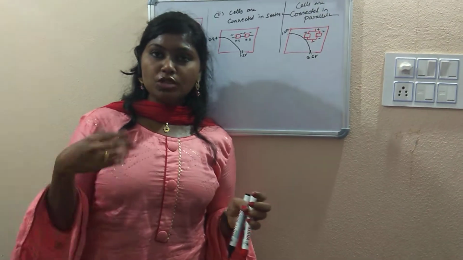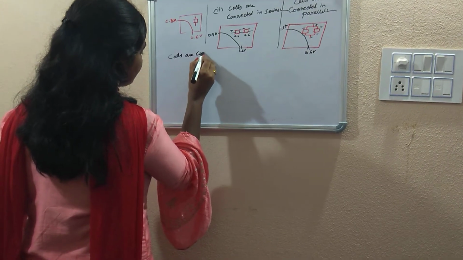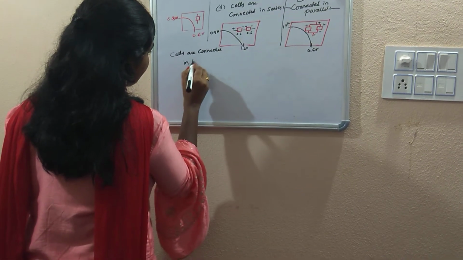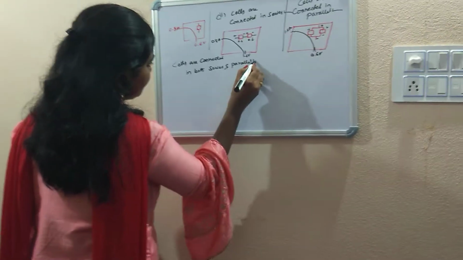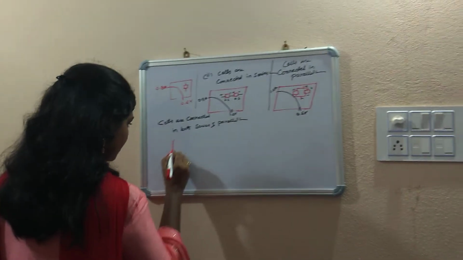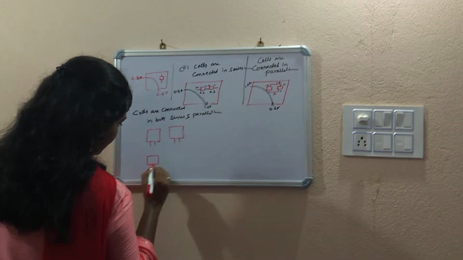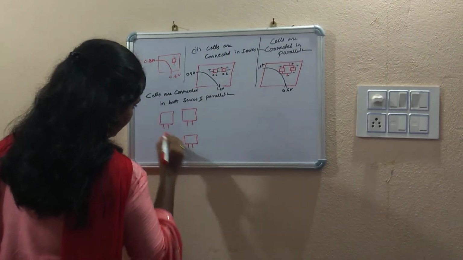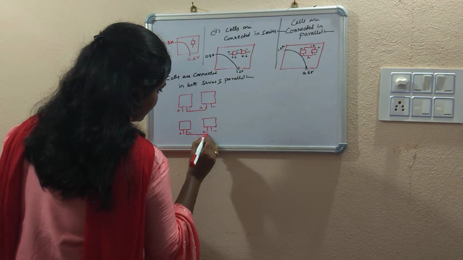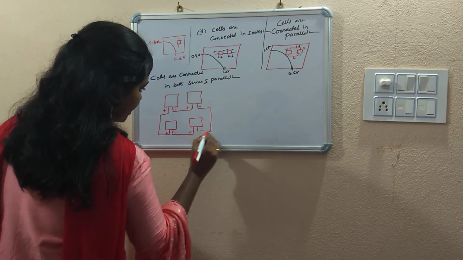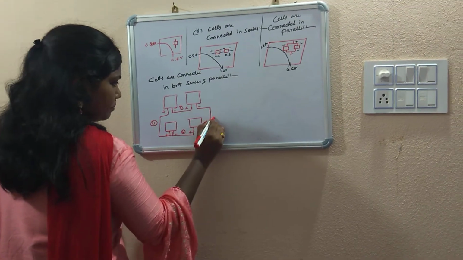The cells can be connected in both series and parallel. Series connection is plus to minus, and there is also a parallel connection.